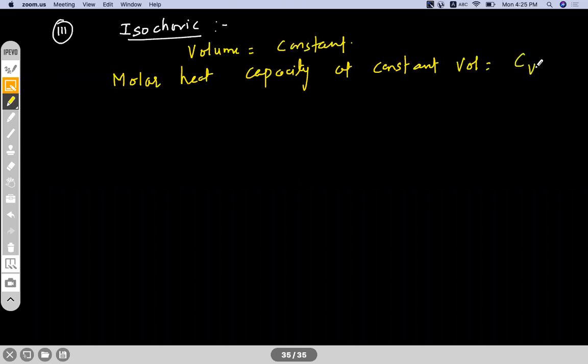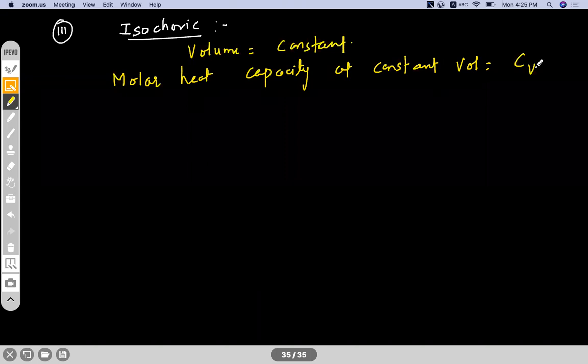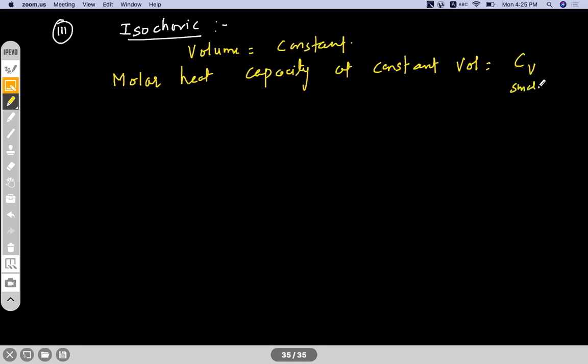And this C is the small one, small c. Okay. Capital, if you write down capital C, then that would be the specific heat capacity.